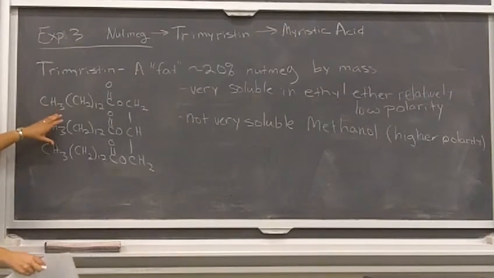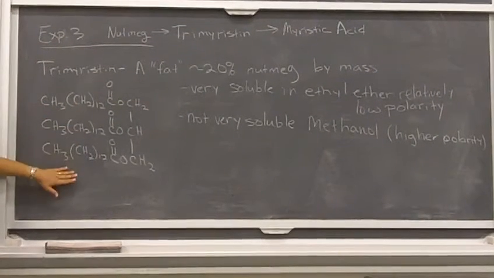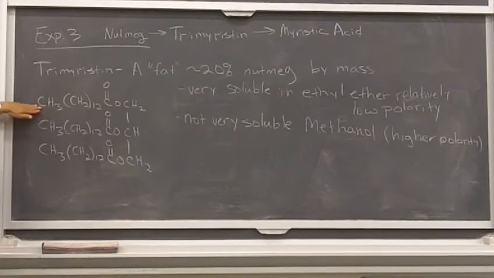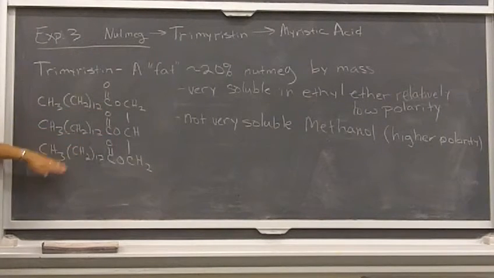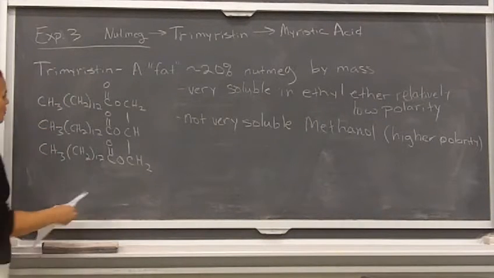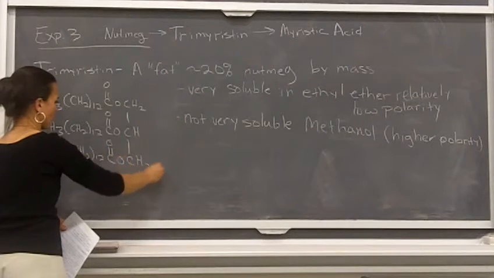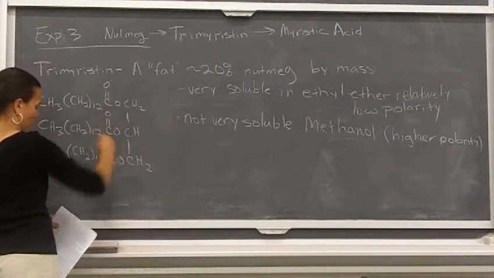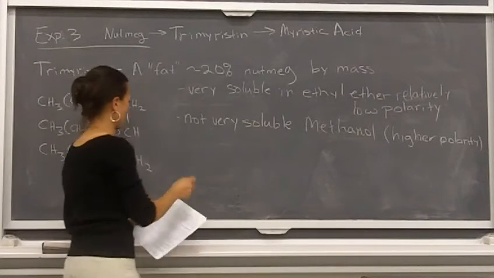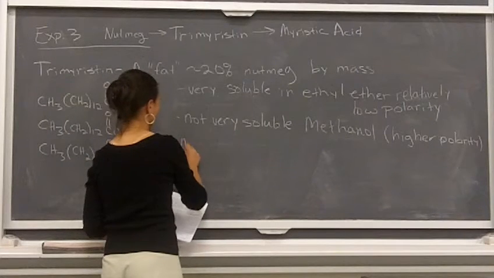And so we talk about this. This is a homotriester because each of these chains are the same thing. So they're all the same esters being linked together, and it's a homotriester of glycerol. So this part is the part that's related to the glycerol. And we'll talk more about that next week when we look at the hydrolysis.